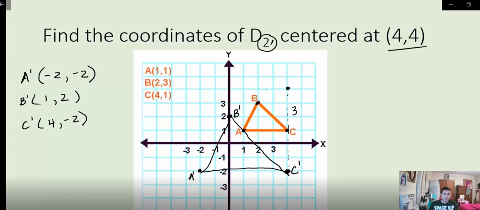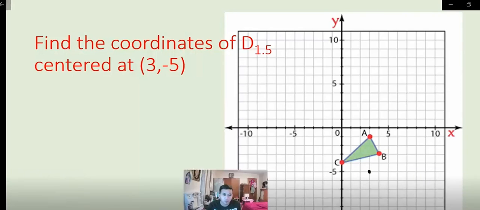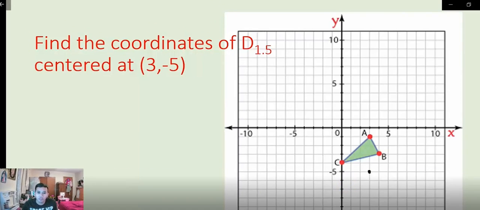All right, let's see what we have here for our next example. Find the coordinate of D with a scale factor of 1.5, centered at 3, negative 5. So I'll just move my video here. There we have your 3, negative 5, that is the center of dilation.